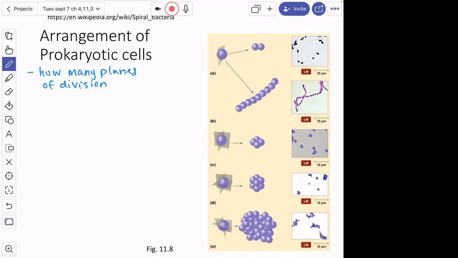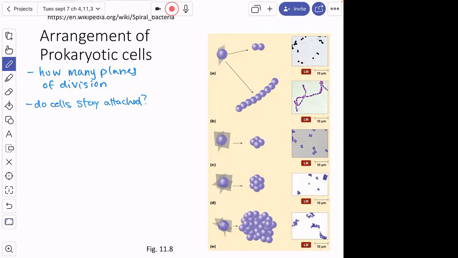When bacteria cells divide, one cell becomes two, right? So does it always split in the same spot, or can it split crosswise or diagonally or another way? The other thing in consideration here is, do the cells stay attached? That's the other thing that will contribute to how the cells arrange themselves.